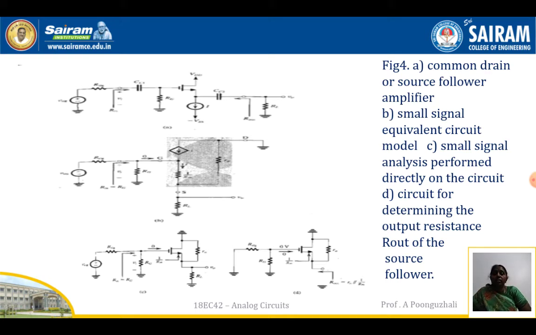So here 1 by gm is going to be in parallel with R0, and the source is going to be connected across the load resistance. The coupling capacitor is going to be short circuited, and I am going to have my load resistance RL present. So this is the circuit which is going to be used for determining your Rout, the output resistance of the source follower.